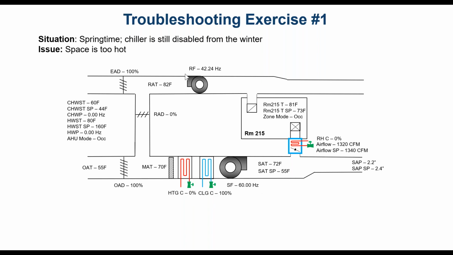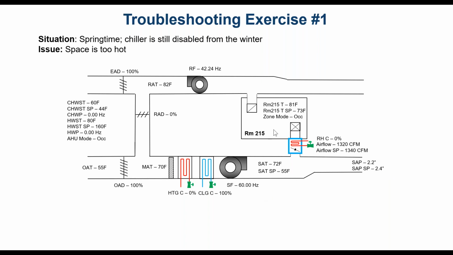For your supply and return fan, you have the speed at which these fans are operating. You have your supply air temperature and your supply air temperature set point. Over here, this is supply air static pressure and supply air static pressure set point. Again, that's part of that control loop which controls the speed of the supply fan.